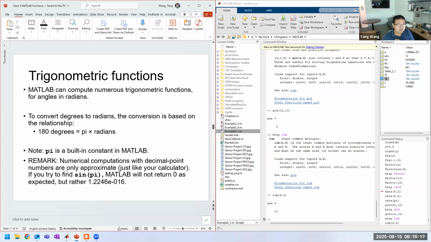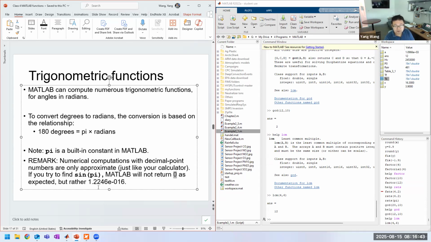Another thing is that numerical computations with decimal point numbers are only approximations, right? So if you try to find the sine of pi, you will only return a very small value, but not 0, mainly because pi is not a rational number, right? So it has a long number of digits after the decimal point.